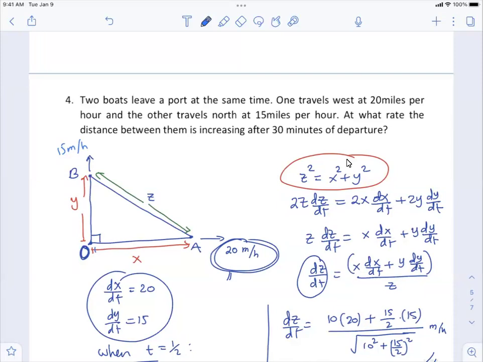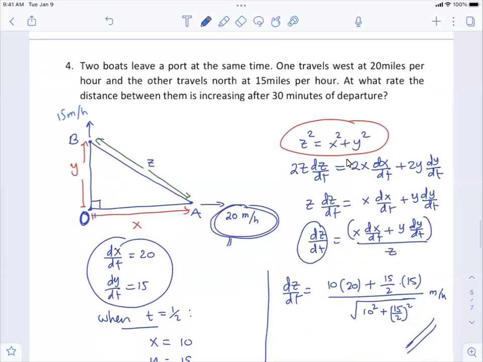So in this scenario, what we do is start from this equation. Now we're trying to prepare the rate of change, so take the derivative. When you take the derivative, we employ the chain rule in each scenario. So with respect to z, it is 2z dz/dt, and here 2x dx/dt, 2y dy/dt.